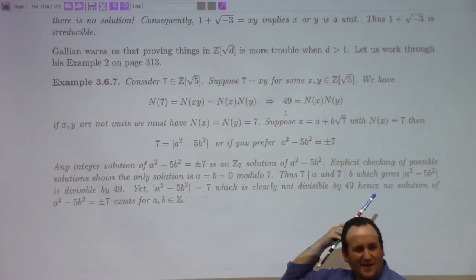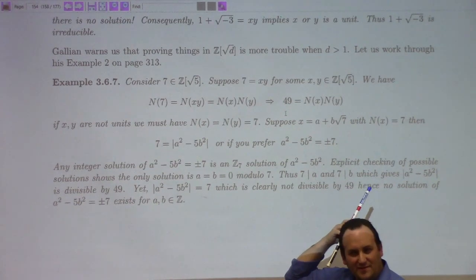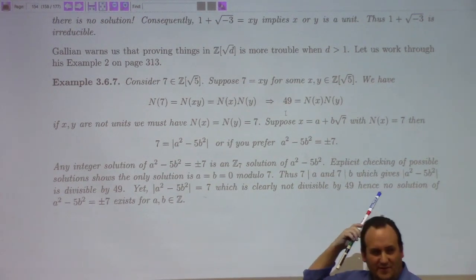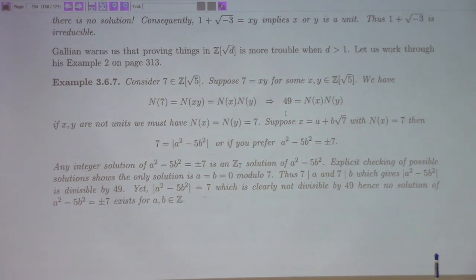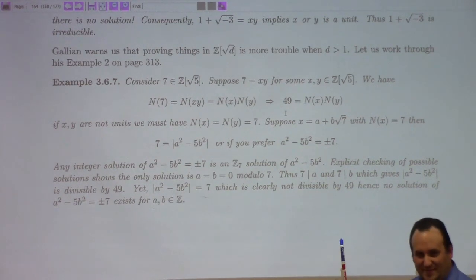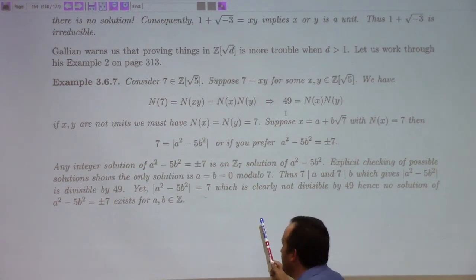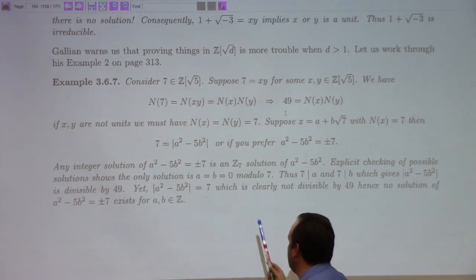Actually, that's not honest. How many solutions are there for a and b in mod 7? 49. Yeah, there's about 49 cases to check here, but the only thing that works out is 0, 0. So there's a little bit of detail missing in what's typed here, but rest assured that 0, 0 is the only solution.